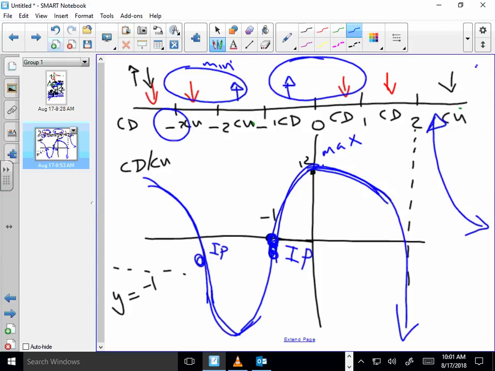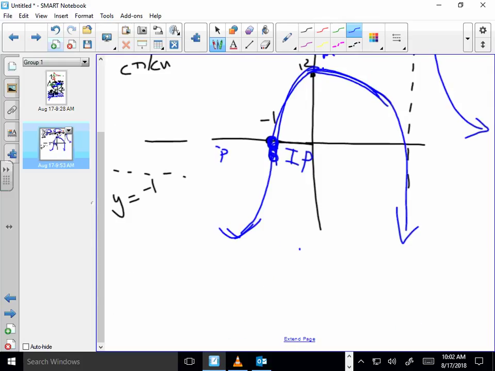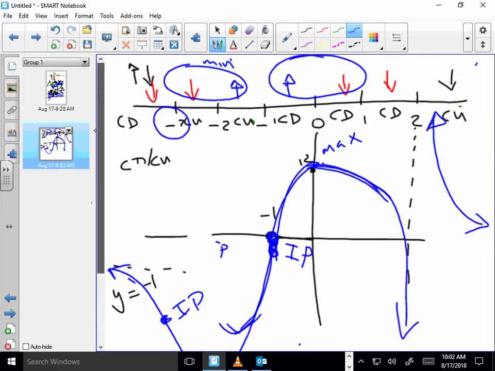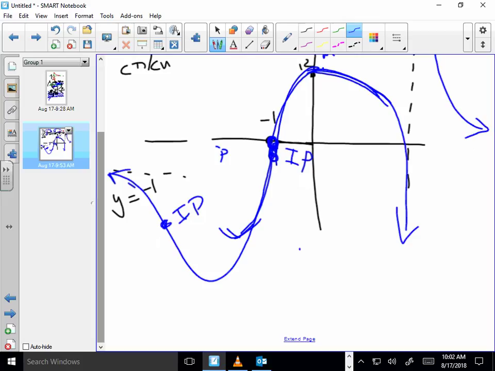So I still have that inflection point I was talking about. I'm still decreasing and concave down, decreasing and concave down. I just had to drop my graph lower so I could achieve this horizontal asymptote from below.